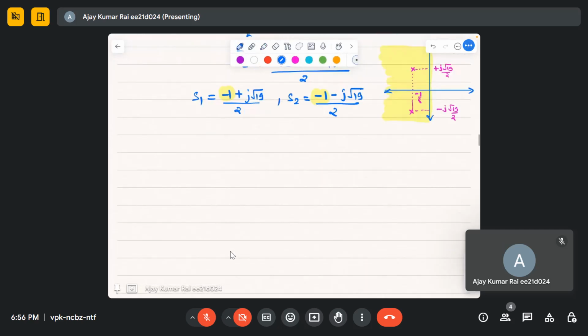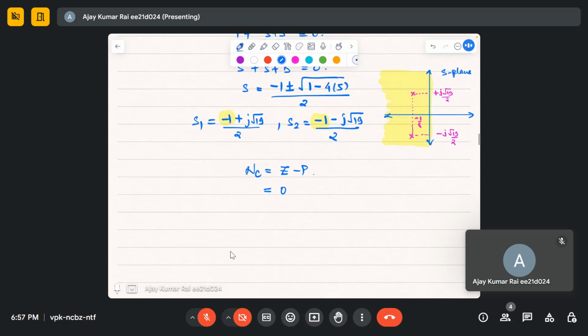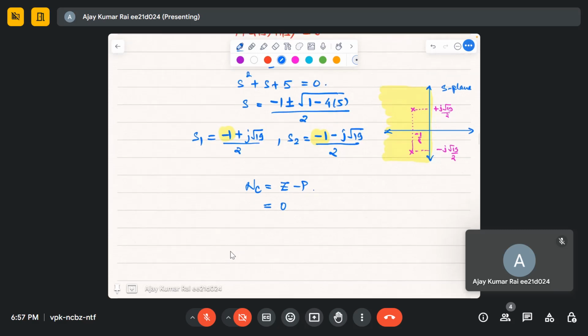So what can you say about this? N_C equal to Z minus P. Z is equal to 0, right? Z is the number of closed loop poles lying in the right half plane. In this case, there are no poles lying in the right half plane, so Z is equal to 0.